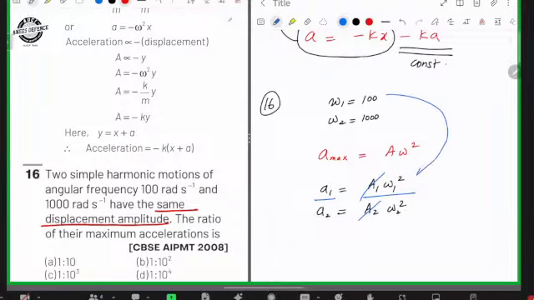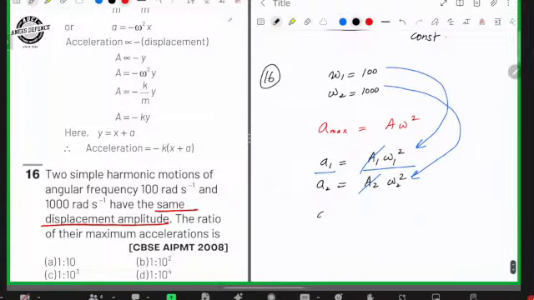Substituting omega 1 and omega 2, we get a1 upon a2 as 100 into 100 upon 1000 into 1000. So these 20s get cancelled. The answer would be 1 is to 100. 1 is to 100 is option number 2.